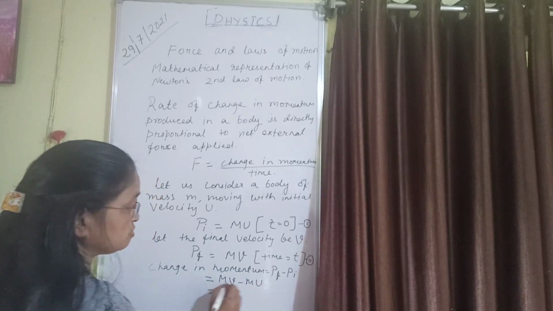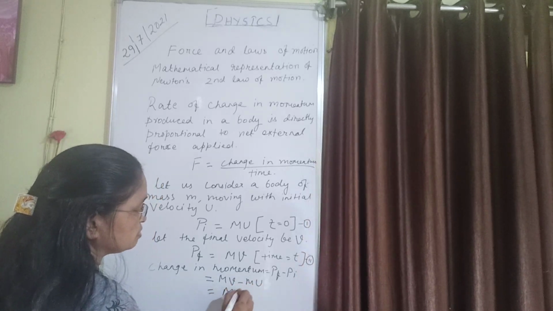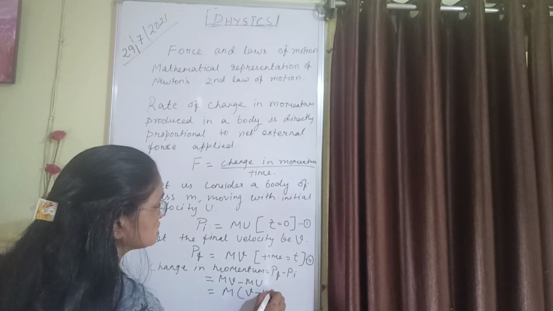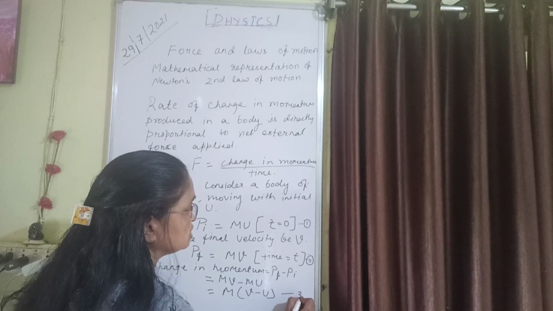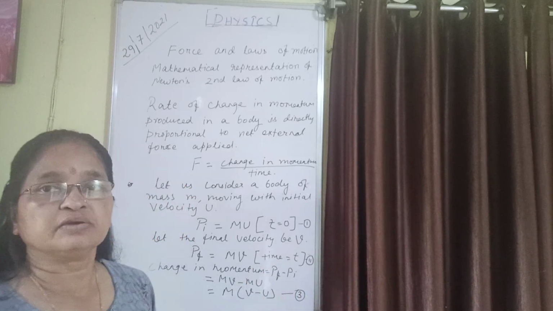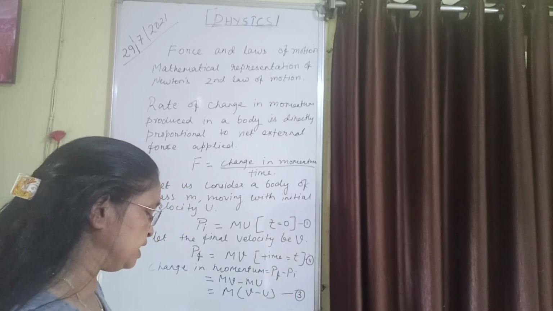Since m is the same for both, this is m(v minus u). So we have got equation number 3, m(v minus u).